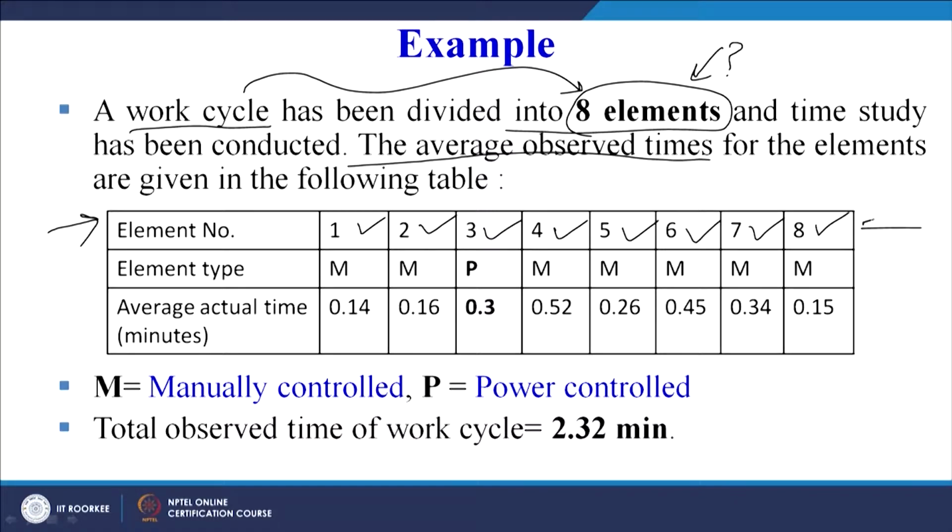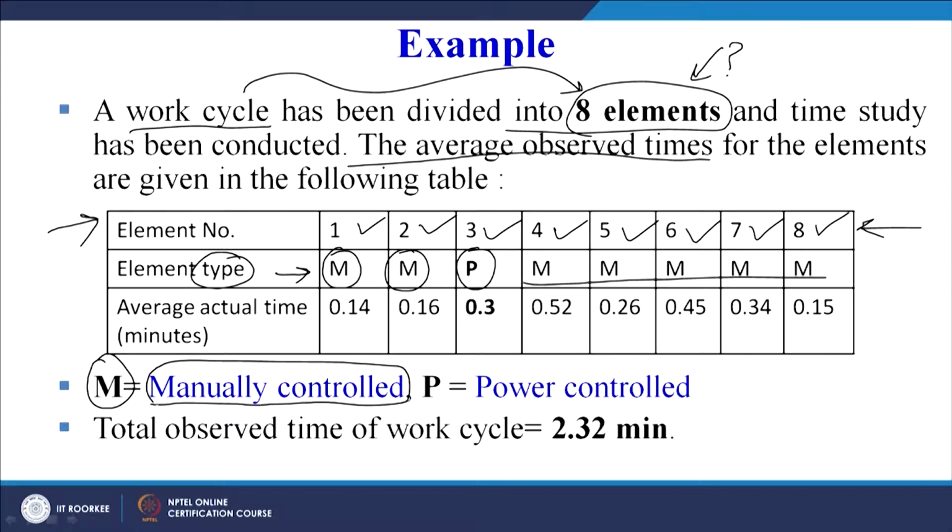So these are the 8 elements which comprise the work cycle. This is the type of element. So M, and then this one is P, shown in bold. The rest are all M. So what do we mean by this? M means that these elements are manually controlled, and P means it is power controlled or machine based.